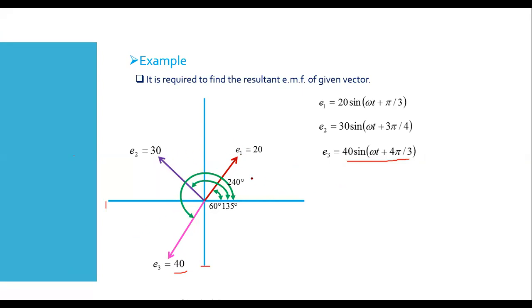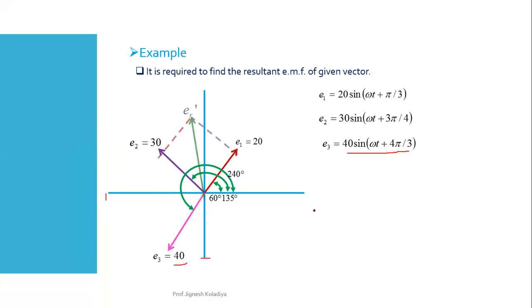Equation you already know, under root E1 square plus E2 square plus 2 E1 E2 into cos theta. Okay, so first of all I have to add these two vectors, right?